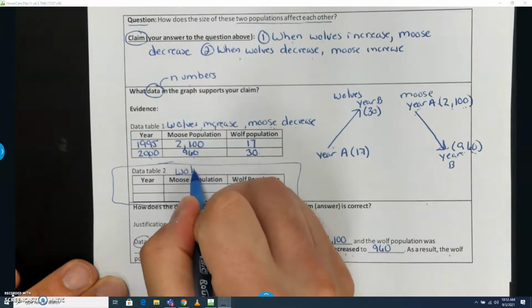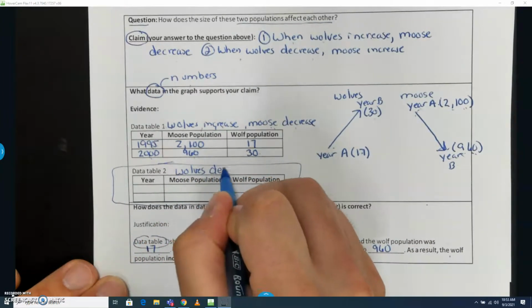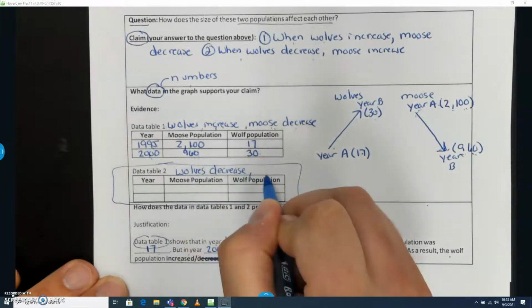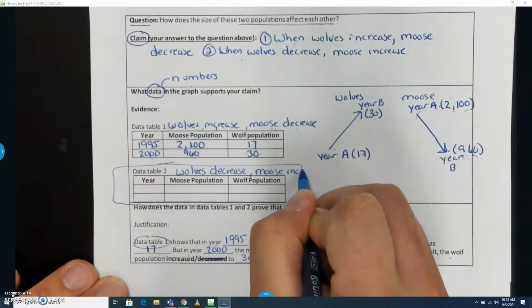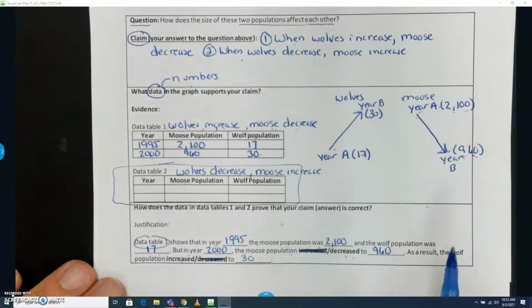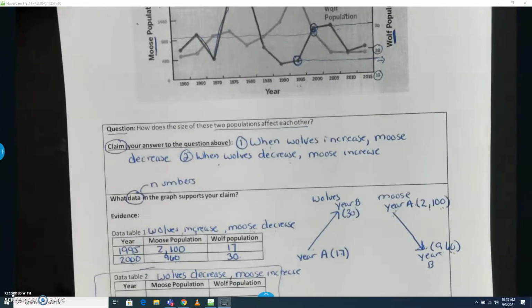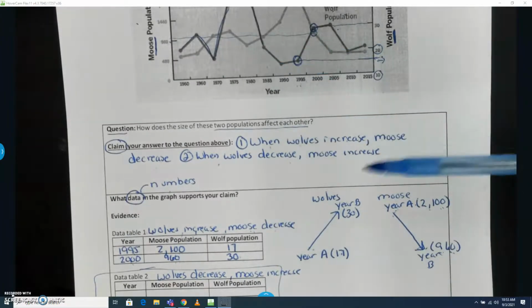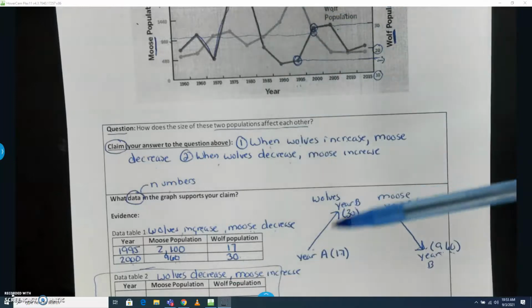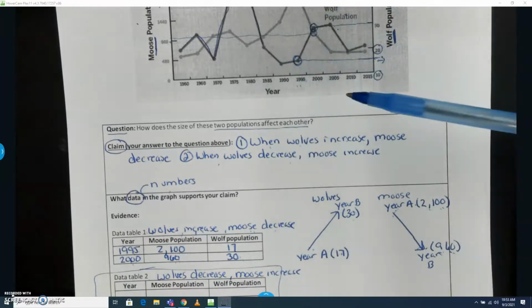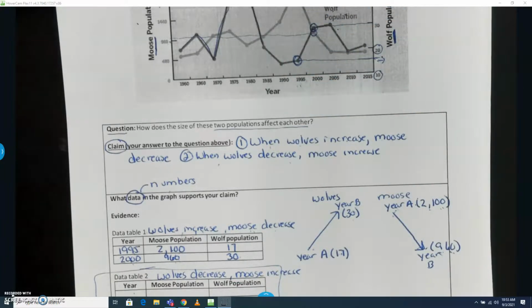So wolves decrease, so the moose increase. That's what you need to show. So up in our graph, you need to be thinking about, okay, what are 2 years that show wolves going from high to low and the moose going from low to high? Give me those 2 years.